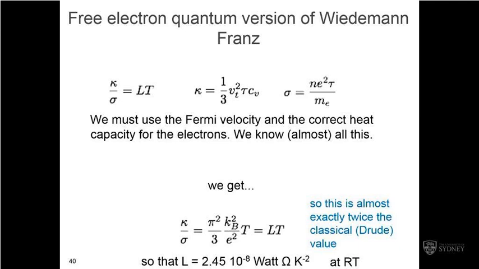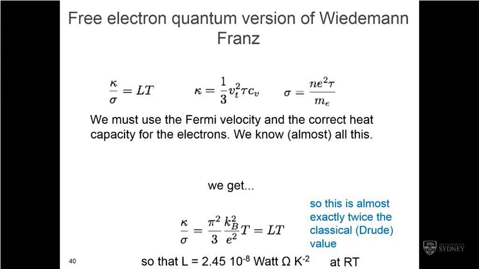And basically, a few things cancel out. When you make this division here, you end up with kb squared over E squared times T. And the value of L, when you work that out, is about 2.45 times 10 to the minus 8 watt ohm Kelvin to the minus 2.